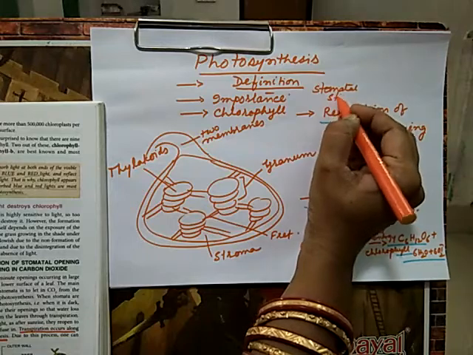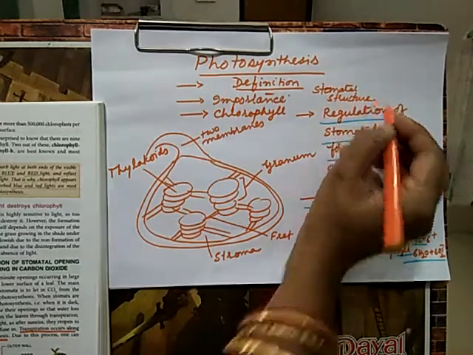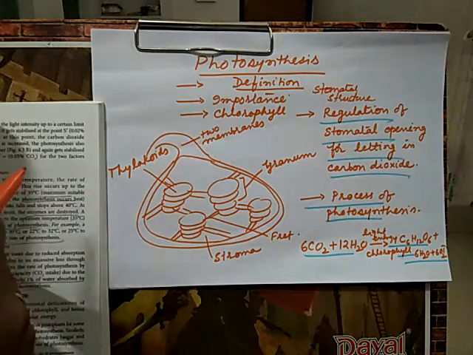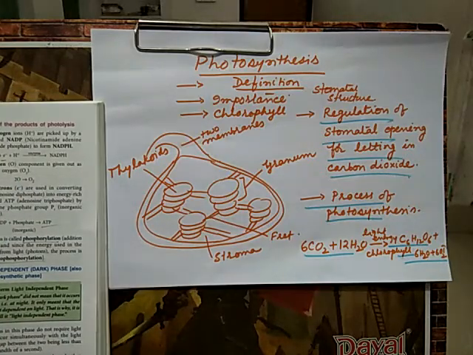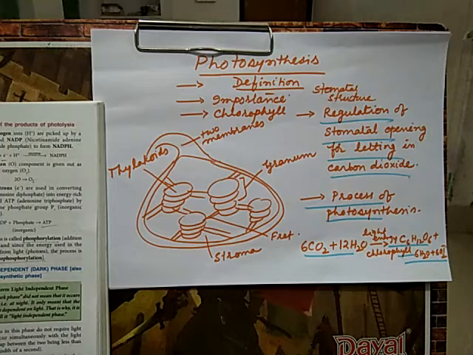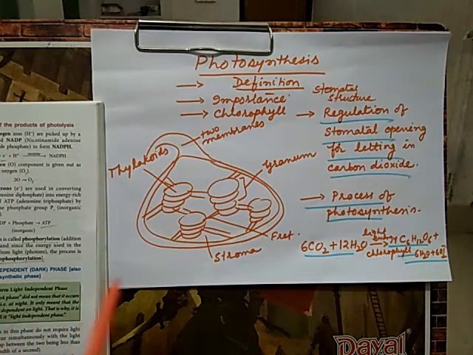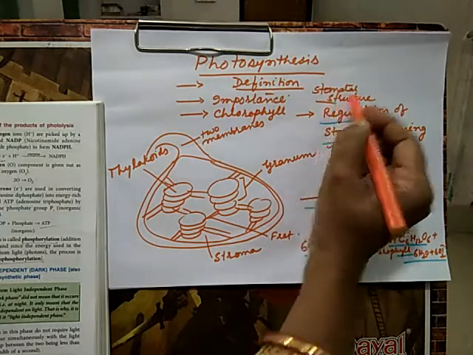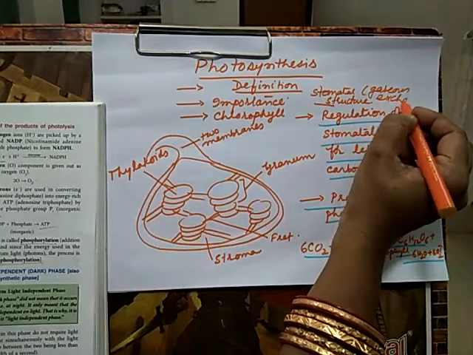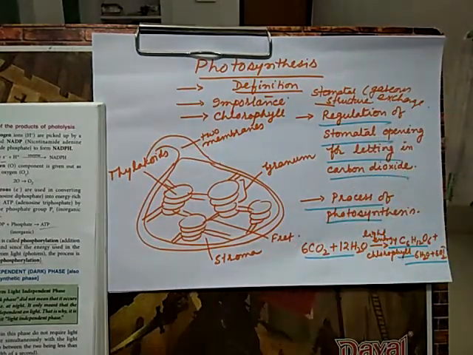Stomatal structures are also required for the preparation of food in the plants. So we will be looking at the regulation of stomatal opening for letting in the carbon dioxide, and the process of photosynthesis gives that stomatal opening and closing, opening and closing, for gaseous exchange, we can write gaseous exchange.